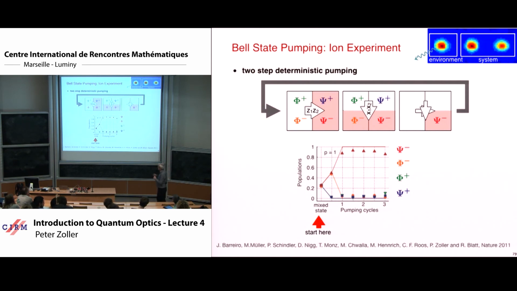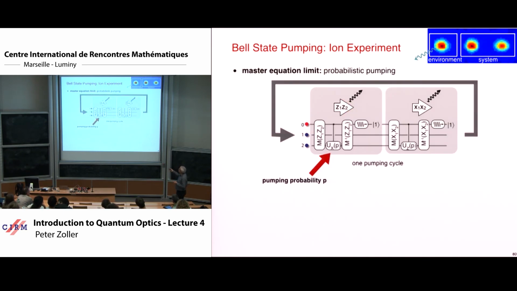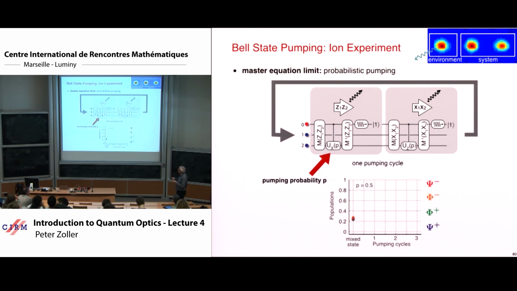So this is an example of engineered quantum dissipation, where we engineer Kraus operators. This is really engineering a Kraus operator, not so much the jump operator that I explained before, which do the job of producing interesting steady states that are pure and at the same time entangled, and the Bell state is one example. And you can also do the case where you do this protocol only with a small probability, like what happens in a master equation.